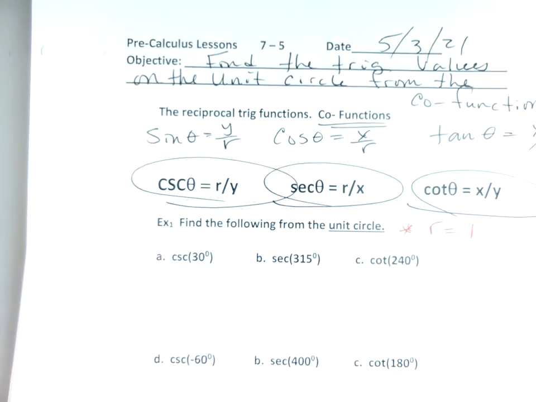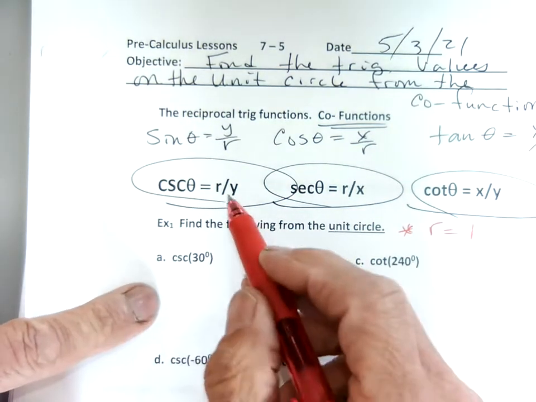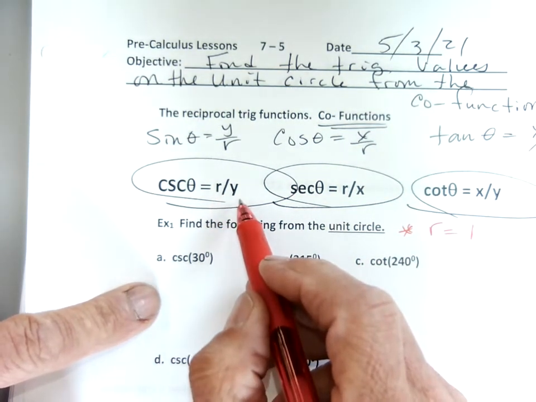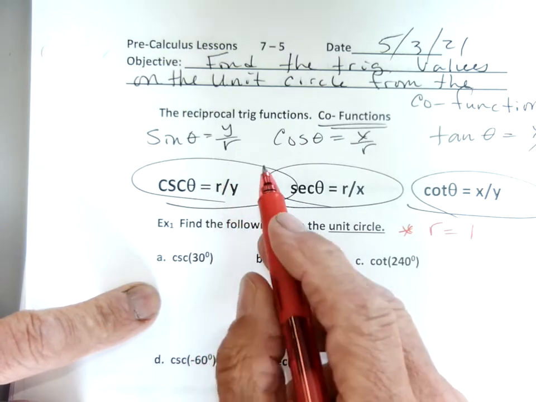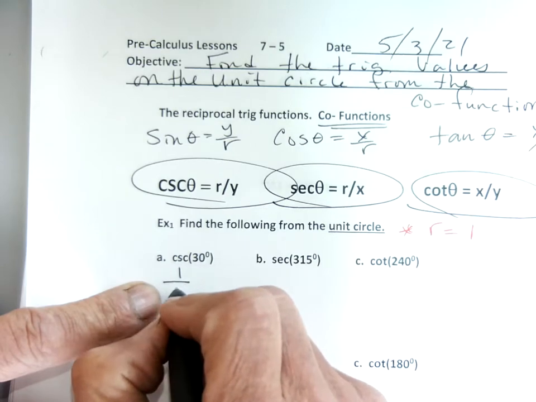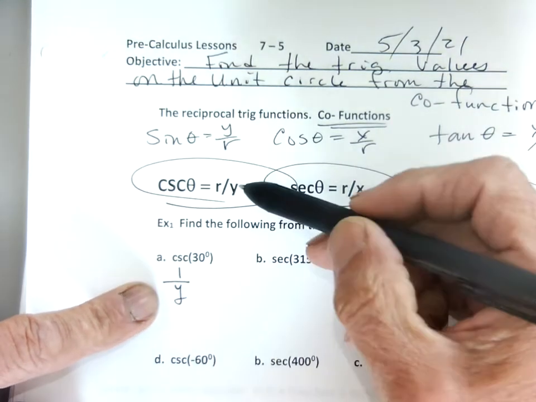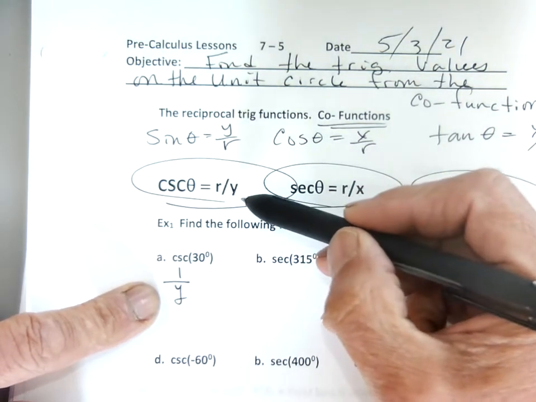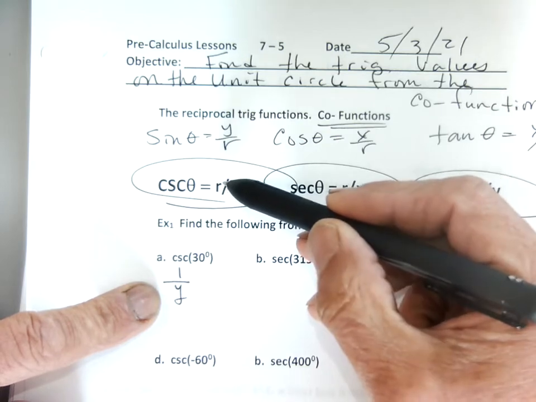So then, example 1, cosecant of 30. Well, I know cosecant is r over y, but the r is 1. So it's really going to be trying to find 1 over the y value, okay? Cosecant's the r over the y, but the radius is 1.